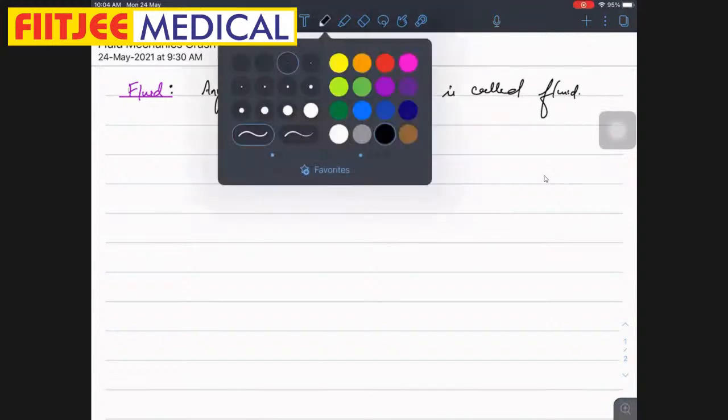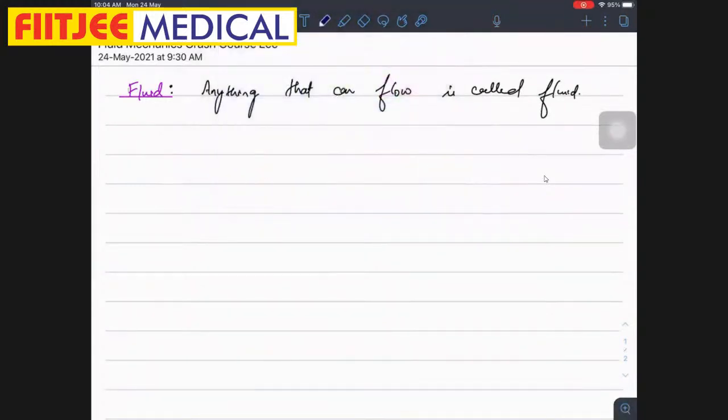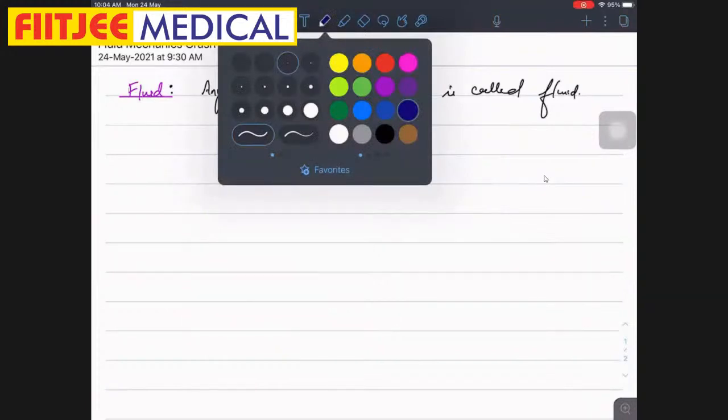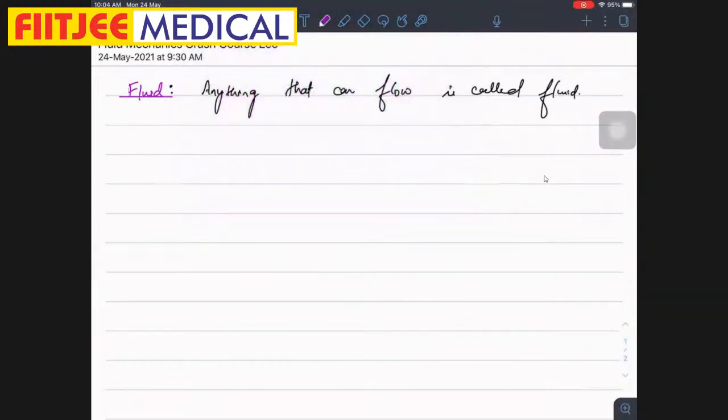So when you talk about liquid, some basic properties, like what is density?